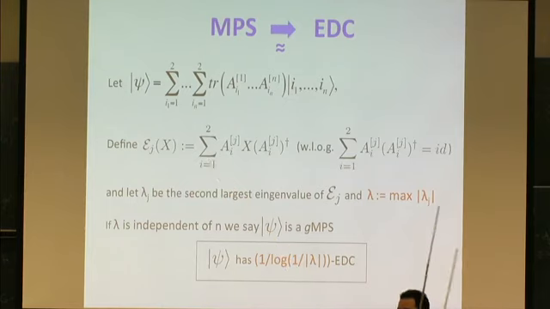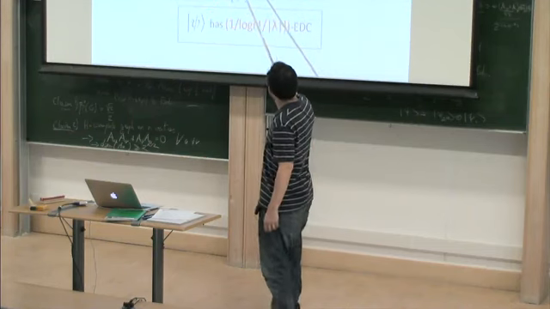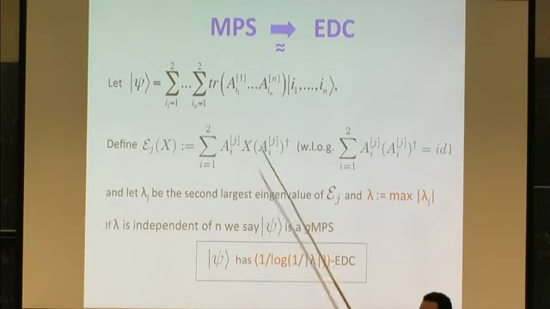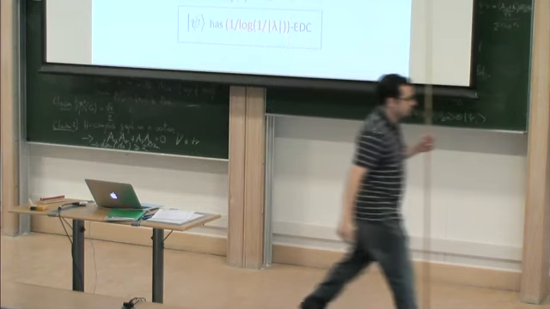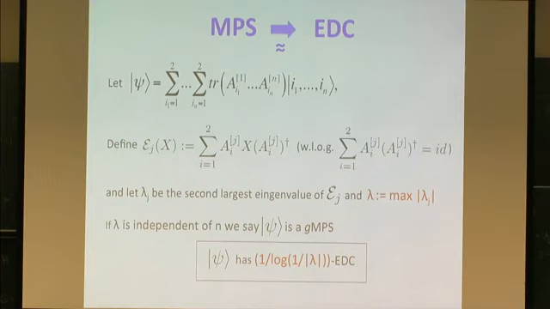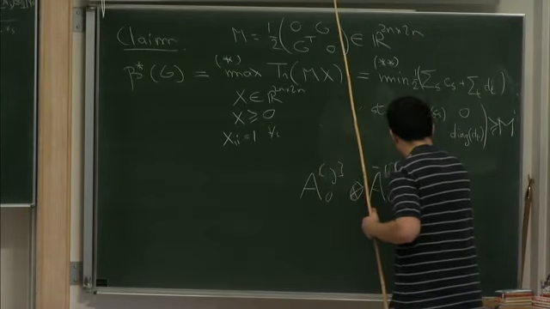If it's unital with only two Kraus operators, why would lambda be smaller than 1? What do you mean? Because this has many eigenvalues, right? Because these matrices are d by d. So it's like computing the eigenvalue of this matrix, and the same thing for 1.